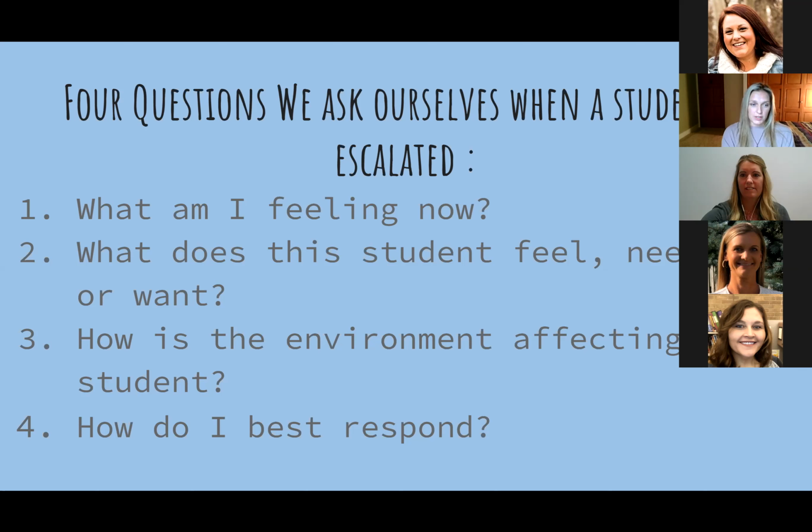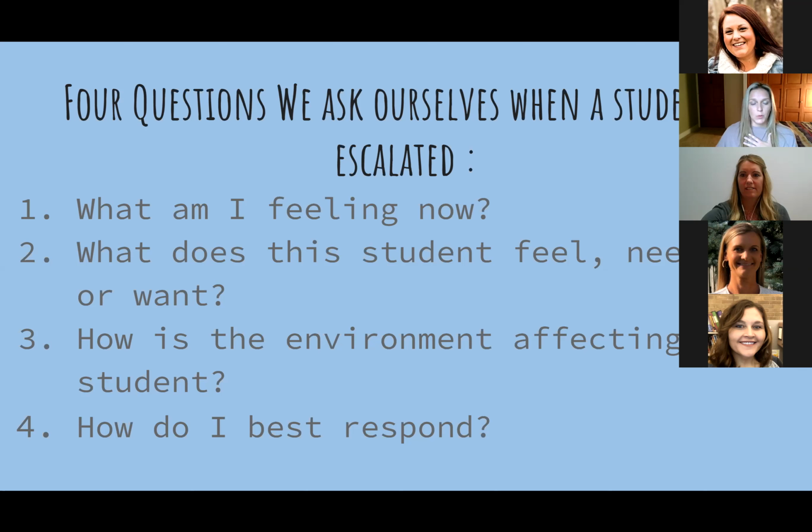The third question, how is the environment affecting the student? So we all, I'm sure, have heard and know all kinds of things in the environment that can impact our students. The lighting, the noises. Is it a peer that is near them who maybe unintentionally is impacting that student's behavior?